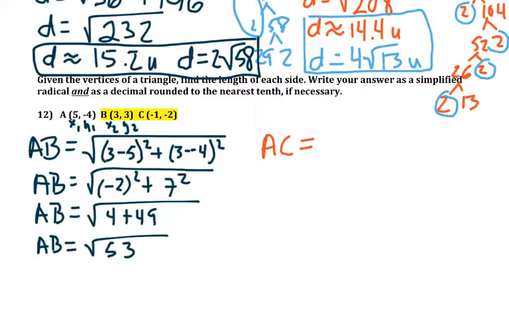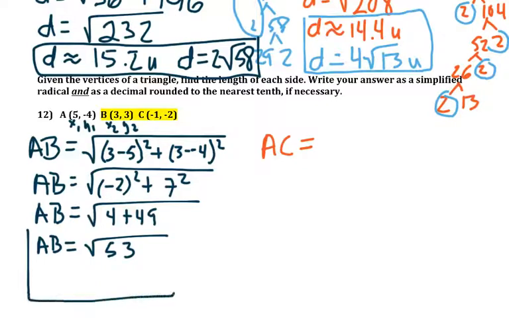Square root of 53. Is it divisible by 2? Not divisible by 2 because it's odd, not divisible by 3, or 5 or 10, that's prime.